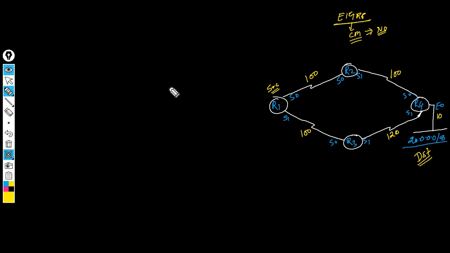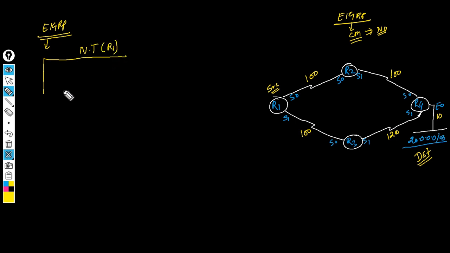Now, first of all we need to understand that EIGRP maintains tables. Let's say we have configured EIGRP on all the routers. EIGRP will first create an entry which is considered as the neighbor table, and I will consider this neighbor table as being for my R1 router.